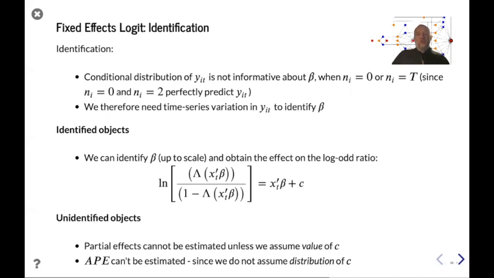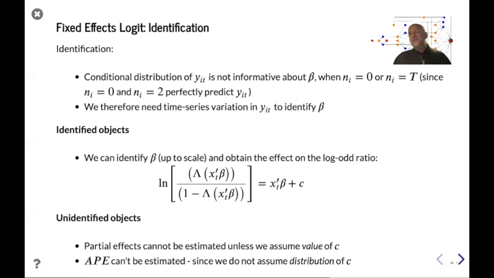What we can identify is the partial effect on the log odds ratio. If you calculate the log odds ratio, it's going to be x beta plus C. Now that depends on C, but if you take the partial effect of that, differentiate, then what you get is beta.